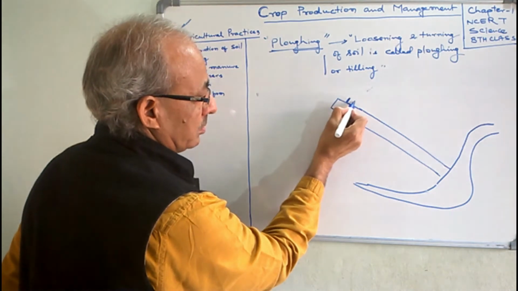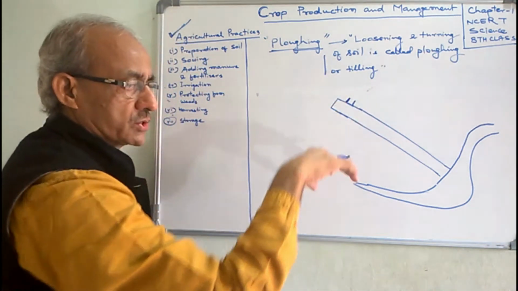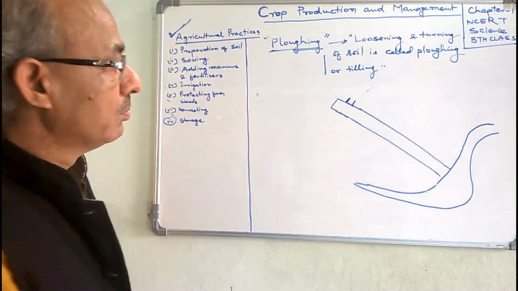Here are some knots by which this shaft is fixed on the shoulder of animals like bull, oxen.